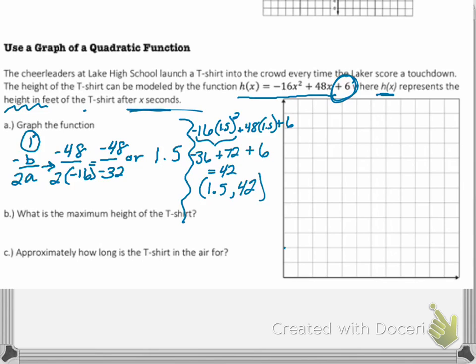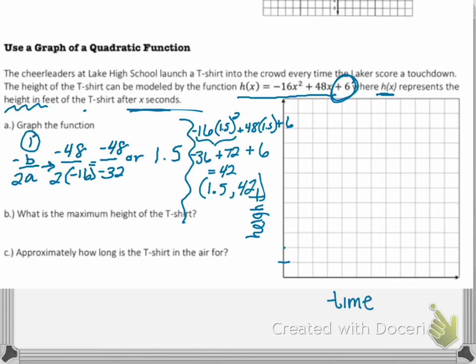So I have to make sure that this fits on the graph, right? When I'm labeling my graph, I want to go up by enough so that it can go all the way up to 42. So this is going to be time down here, and then my y is going to be the height. Since it has to get up to a height of at least 42, let's make every line worth 5.